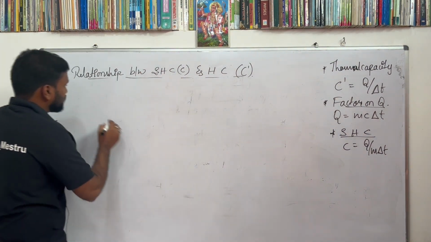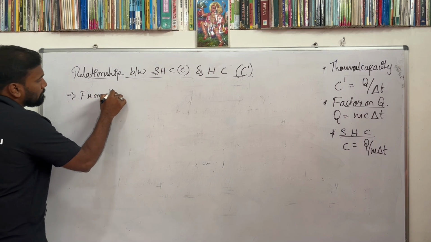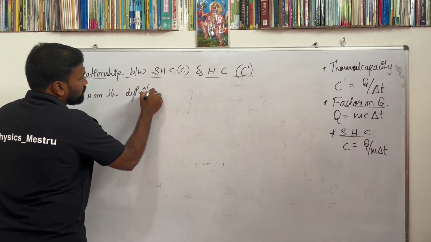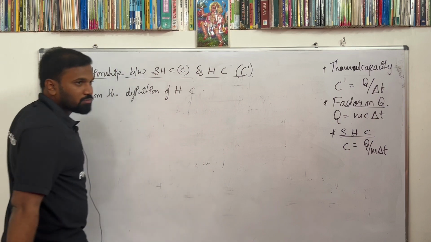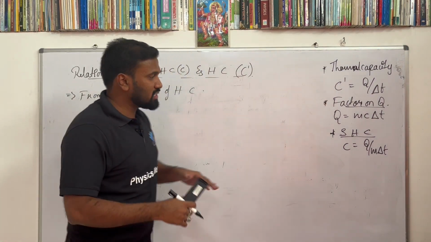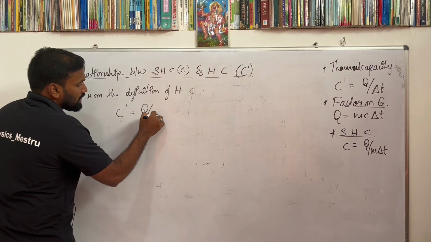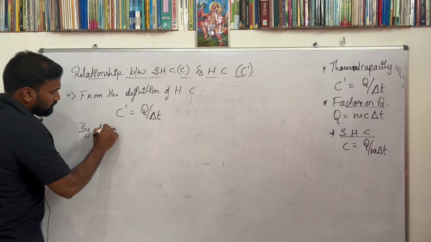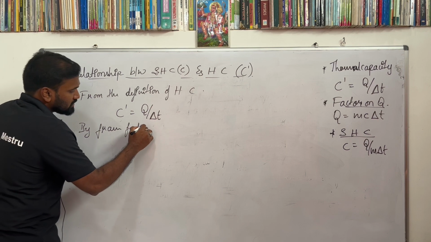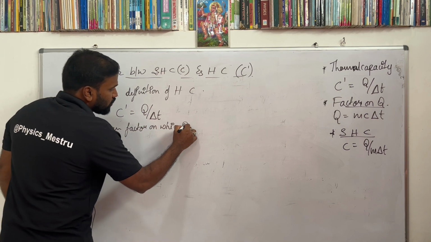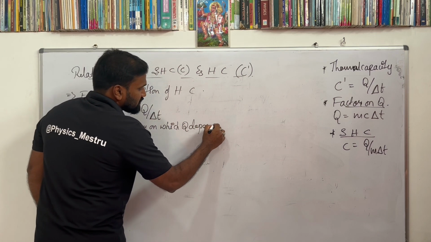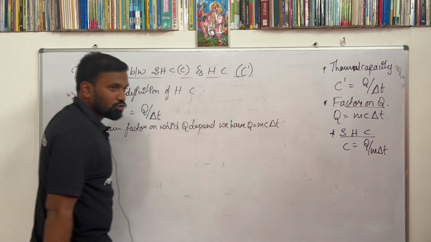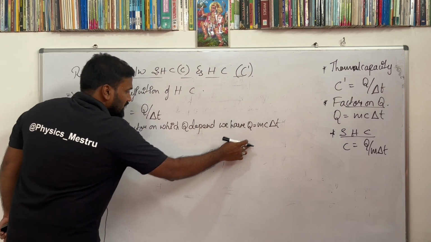From the definition of heat capacity, we can conclude that C dash is equal to Q divided by delta T. But from the factors on which Q depends, we have Q is equal to MC delta T. Just put the same value here.